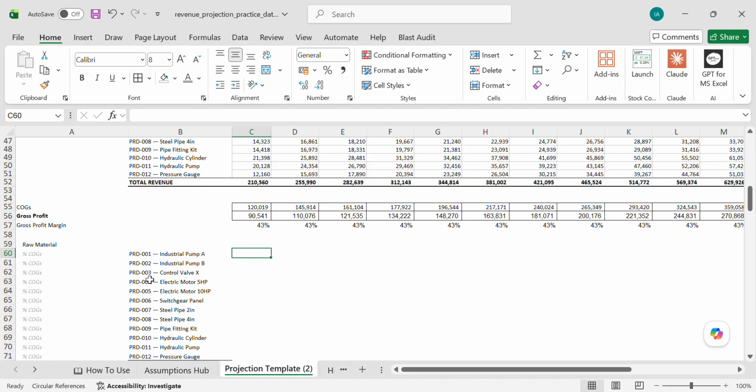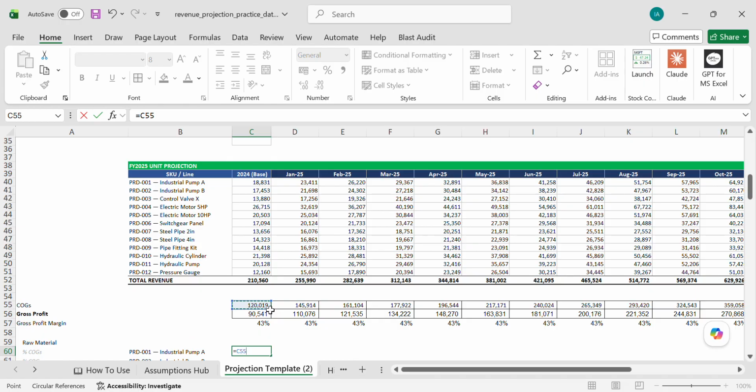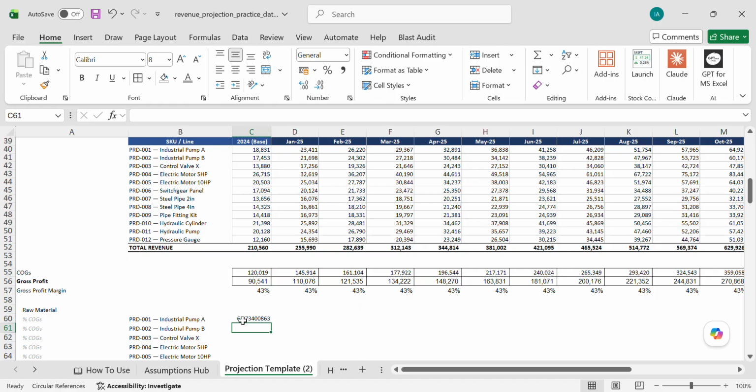We now see this percentage of revenue. So this is 6%, right? Which is 7.